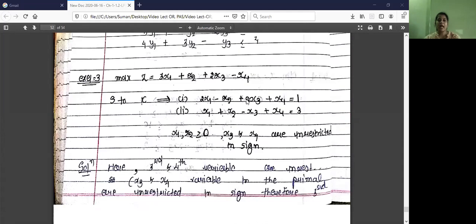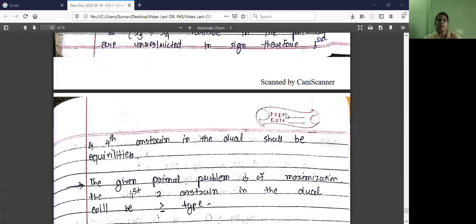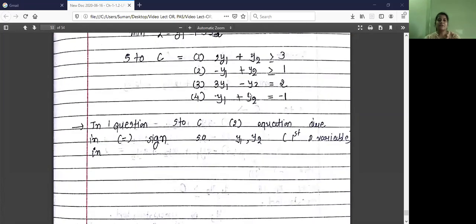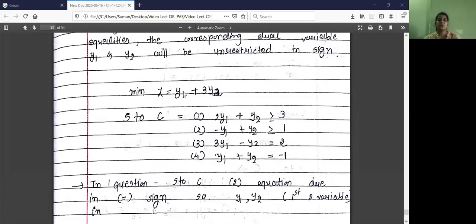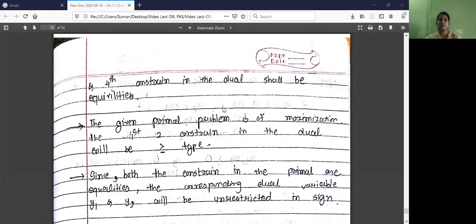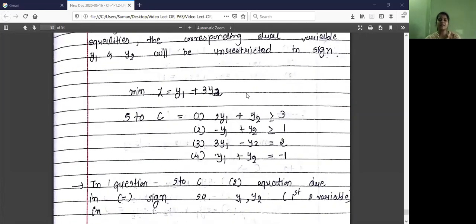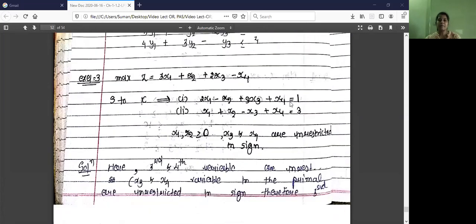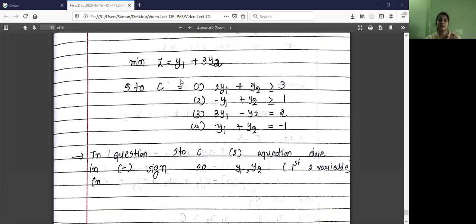We have 2 constraint equations, so in our dual we have 2 decision variables in our objective function. So in our objective function, we consider the variables y1 and y2. So our minimize is 1y1 plus 3y2. See here, 1y1 plus 3y2.